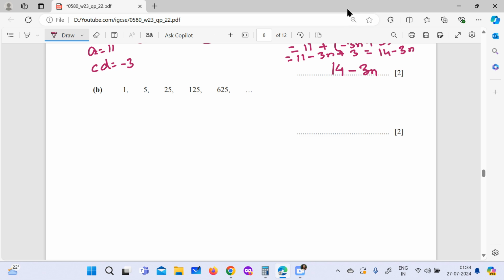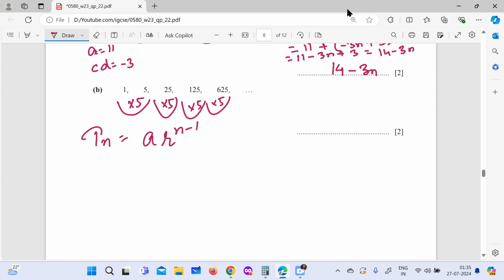Now, 1, 5, 25, 125, 625. So there is no common difference, whereas you have here the common ratio. See, each term is multiplied by 5. Now, whenever you have this kind of sequence, that is a geometric sequence, you have the formula: nth term is a r to the power of n minus 1. r stands for the ratio, and the ratio is 5 here. a is the first term, and your first term is 1 here.